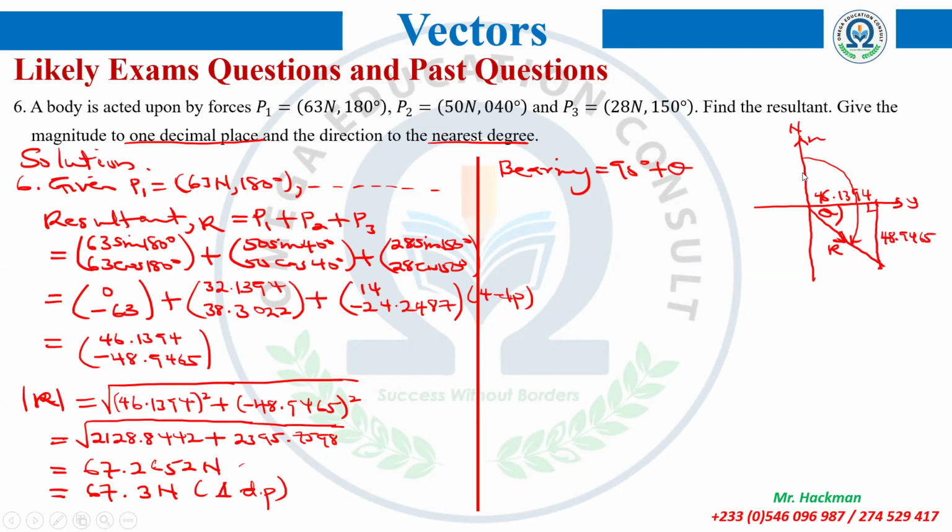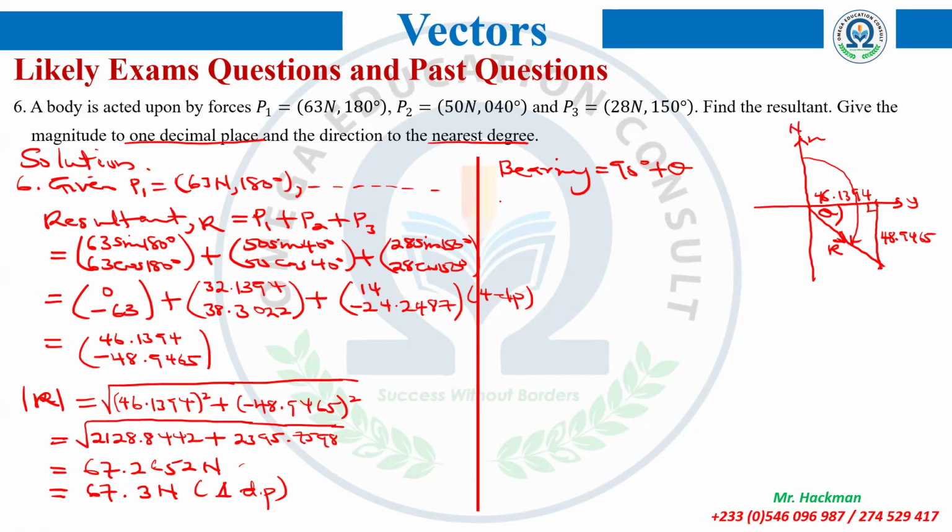So the bearing is the angle measured from the true north up to where you have your vector. So from here up to here, but you know that from here to here is 90. This is what I don't know, theta, and I can find theta, just like we found theta in the other one, by using the appropriate trig ratio.